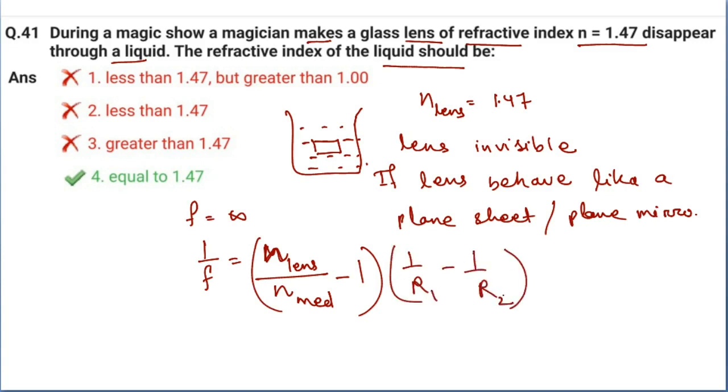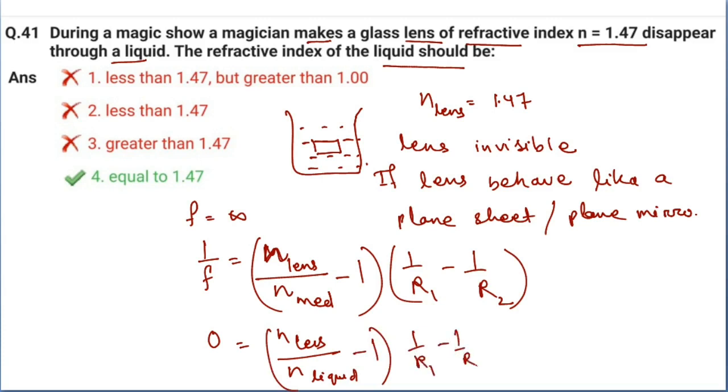Then f is infinite, that means 1 by f is equal to 0, and the refractive index of the lens by the refractive index of the medium, here liquid, minus 1, multiplied with 1 by r1 minus 1 by r2.